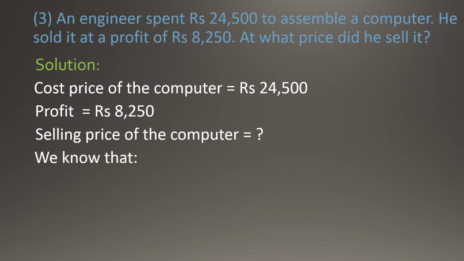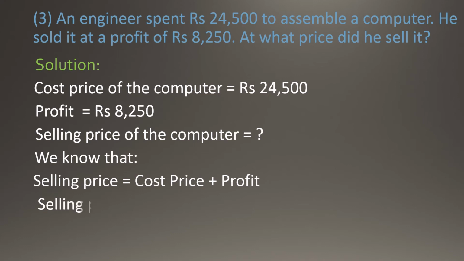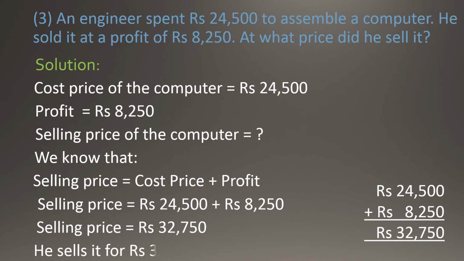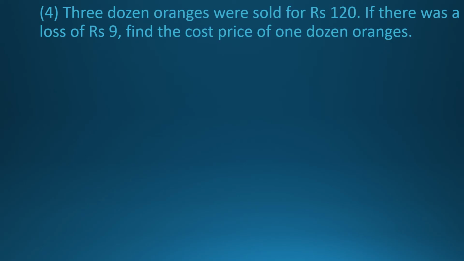We know that selling price is equal to cost price plus profit. Now put the value. Rupees 24,500 plus rupees 8,250. We get rupees 32,750. So he sold it for rupees 32,750. Let us solve one more question.